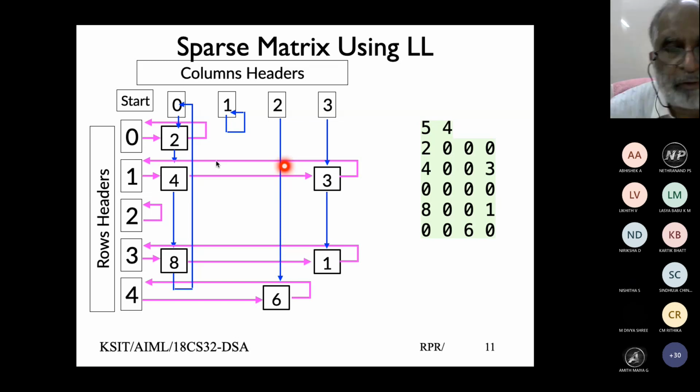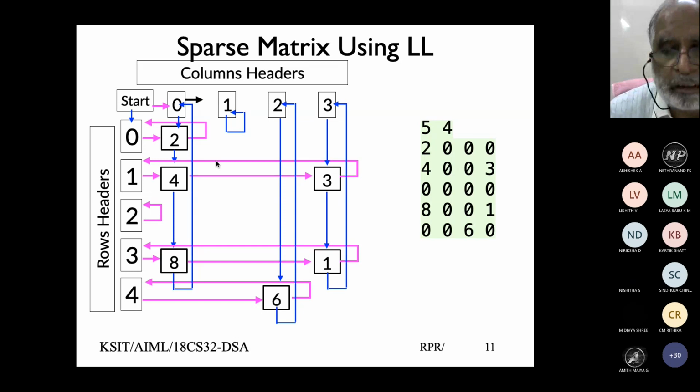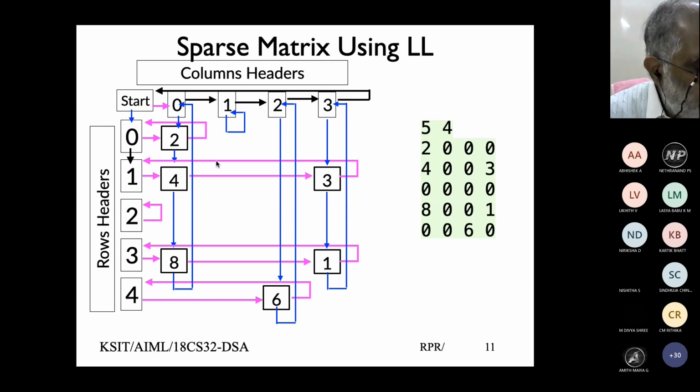All the column headers and all the row headers, that's essentially what we do. This way we represent a sparse matrix using linked list representation. It's again a single linked list we represent. Some part of this is in the questions and the assignment as well. So building all the row headers is what we have done.